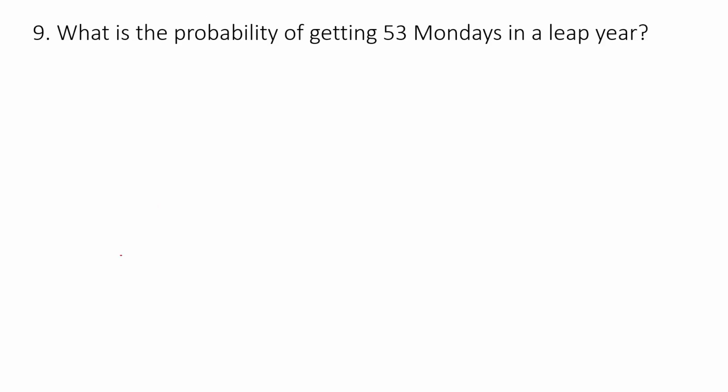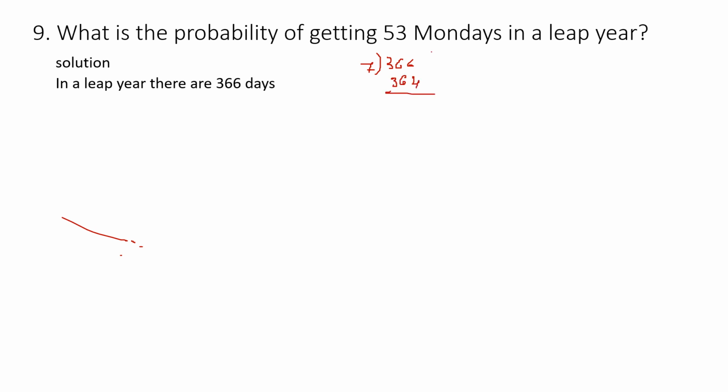Okay, next, what is the probability of getting 53 Mondays in a leap year? In a leap year, we know that there are 366 days. When you divide 366 by 7, the multiple of 7 will be 364, the quotient is 52, and we have 2 as a remainder.